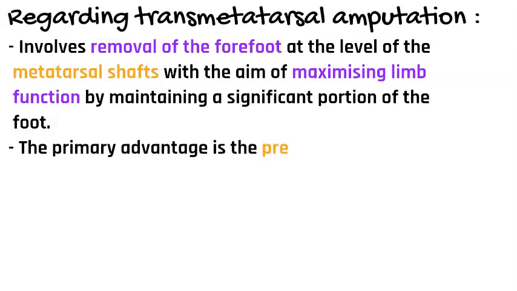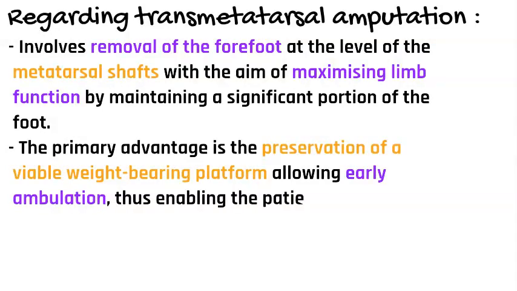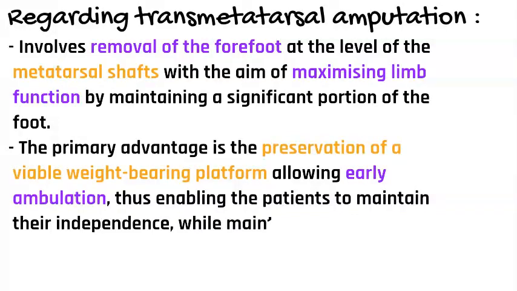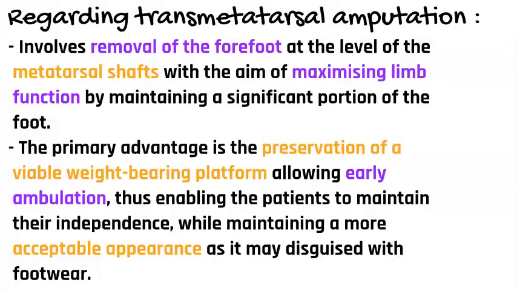The primary advantage is the preservation of a viable weight-bearing platform allowing early ambulation, thus enabling the patient to maintain their independence while maintaining a more acceptable appearance as it may disguise with footwear.